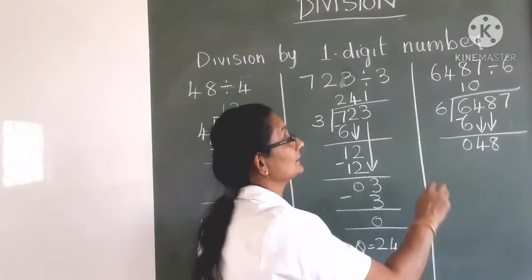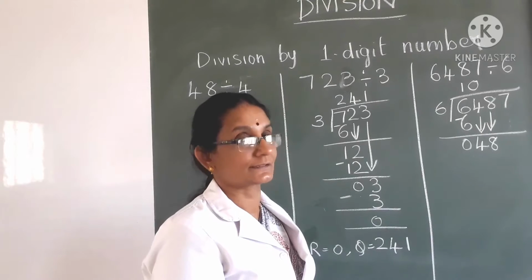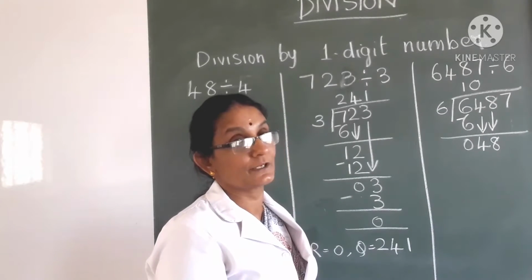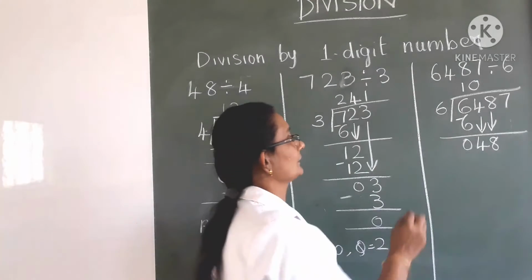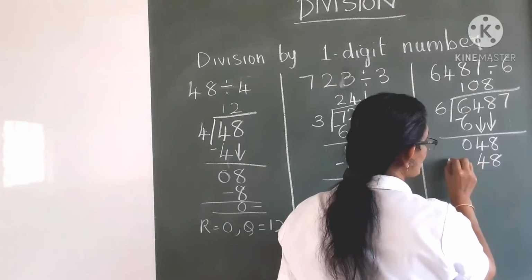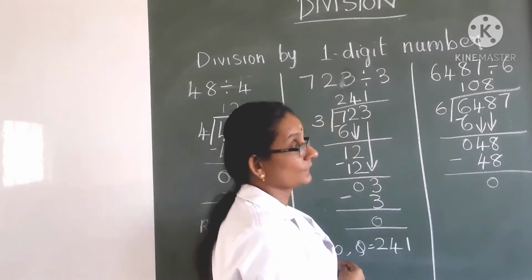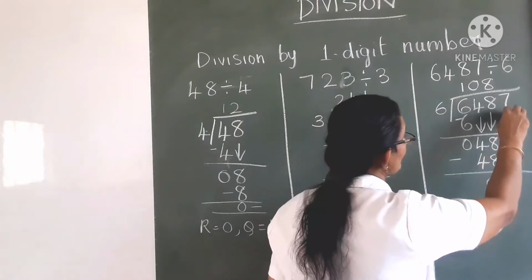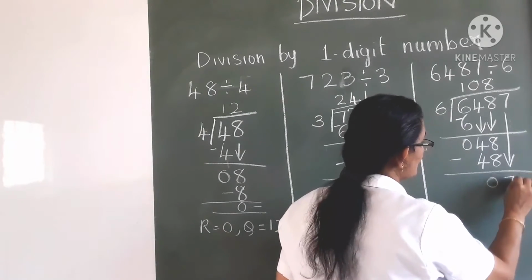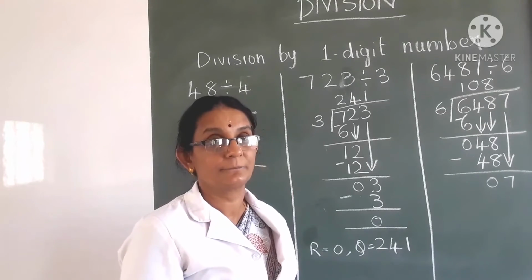Then see how many times 6 goes in 48. Yes, just 8 times. 6 into 8 is equal to 48. Now subtract again and you get the remainder as 0. Now what is left here, children? Yes, 7, isn't it? Now how many times does 6 go in 7?